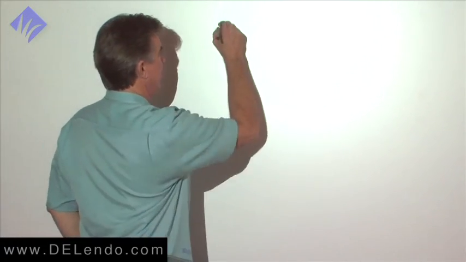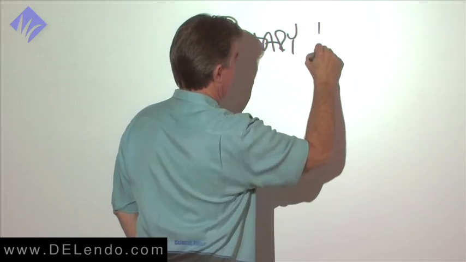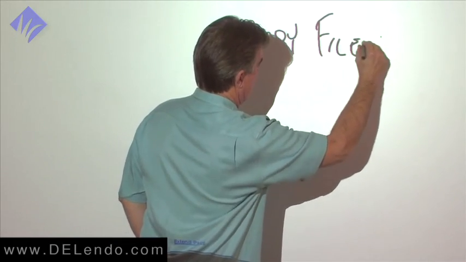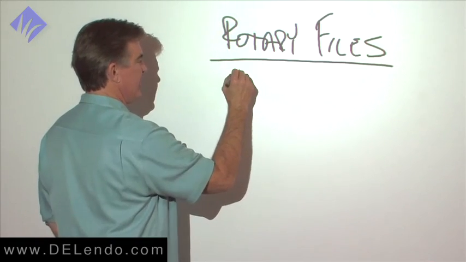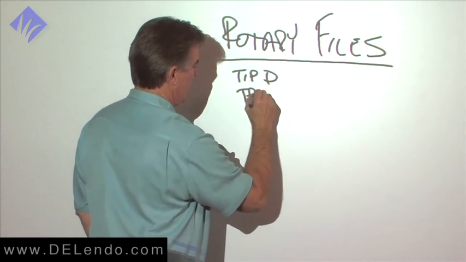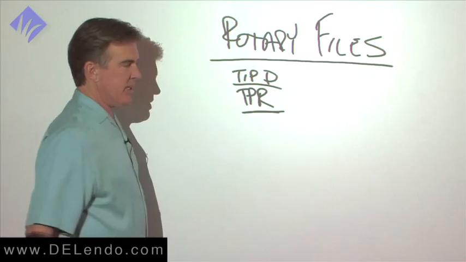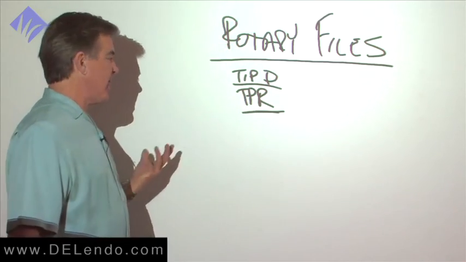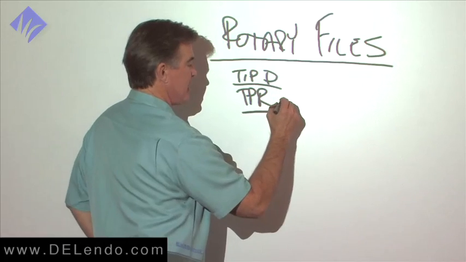Rotary files. Rotary files vary by tip diameter and by taper also, but we always describe the taper as well as the tip diameter because they're different. In K files, they were all the same. So tip diameters, anything you can imagine.